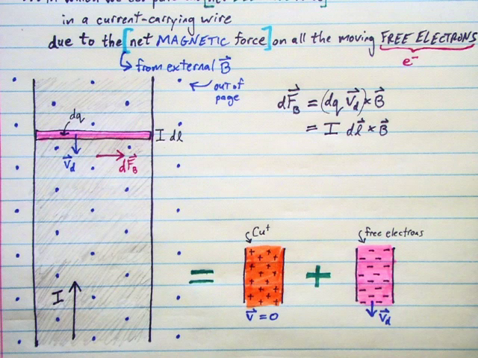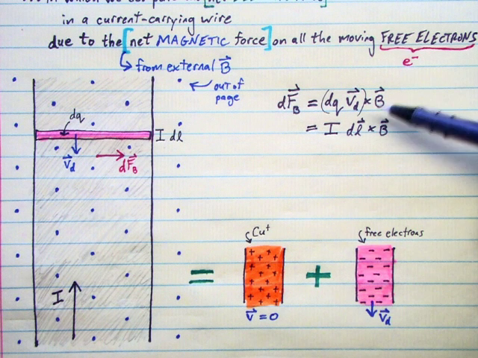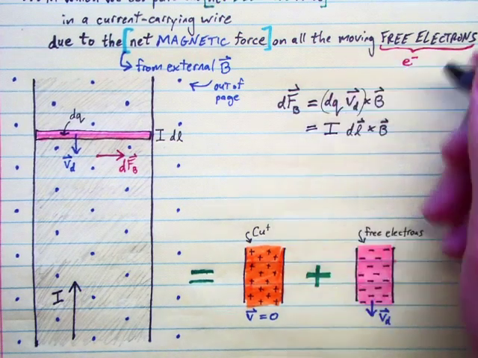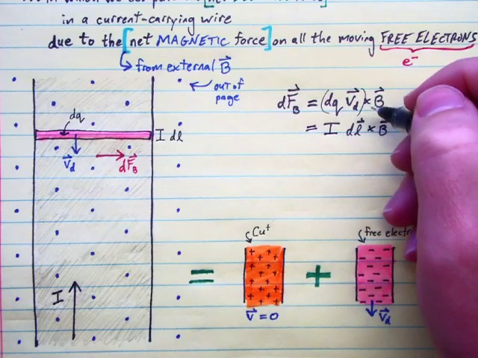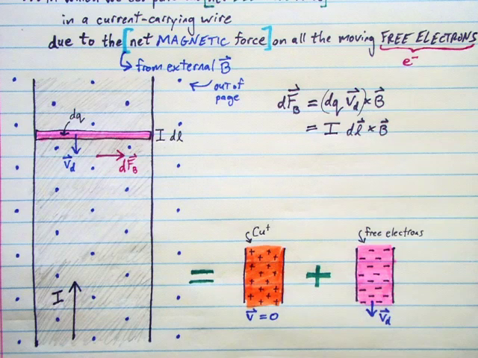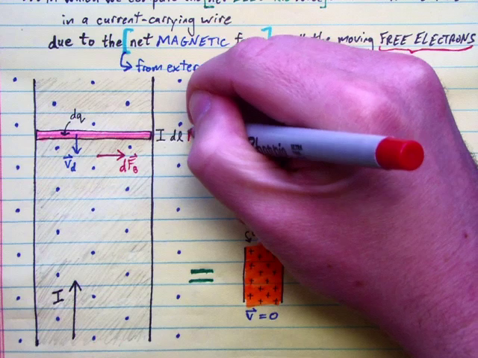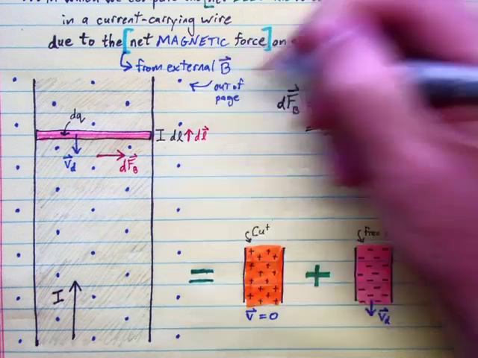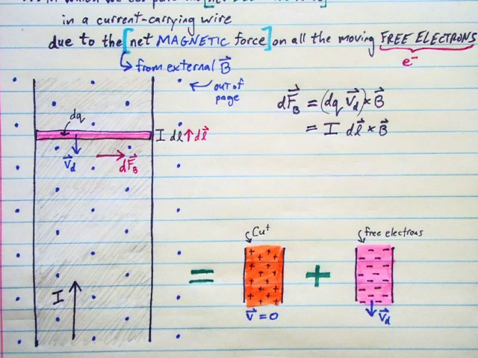What do I have to do to fix this? No, let's just do this. Let's make this dl vector point that direction. There, that'll do. That dl vector will point upwards like that.